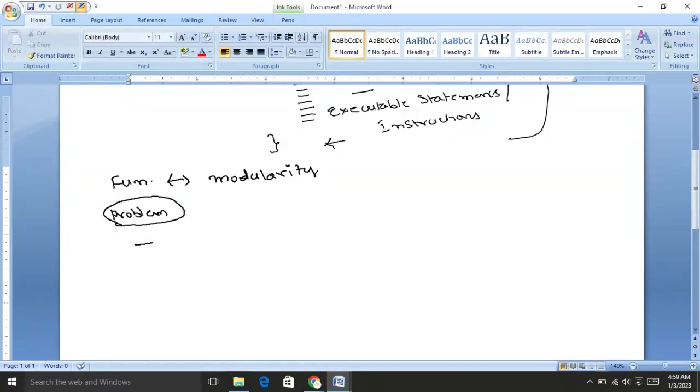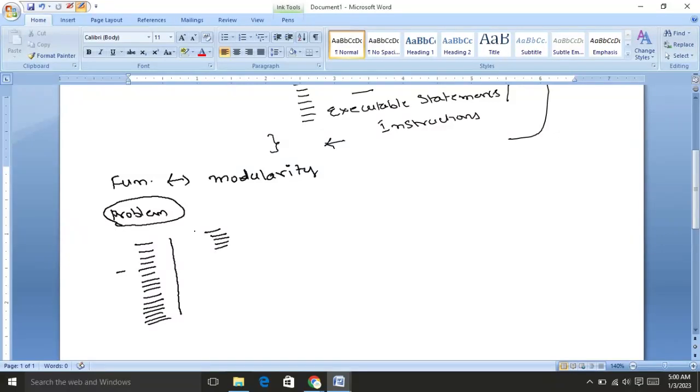To solve this problem, we write a very lengthy code. To understand this code, to debug it, that means to find errors, or to manage or modify it is very difficult and complex. For that reason, we divide the problem into subproblems.